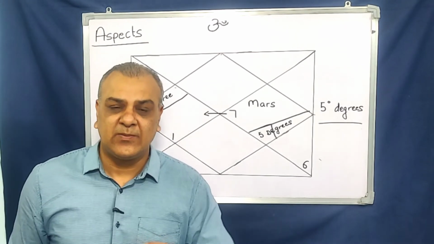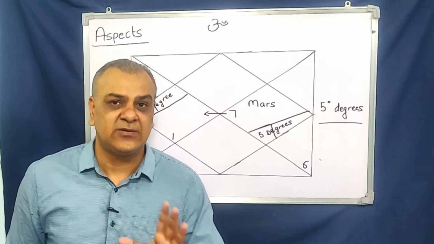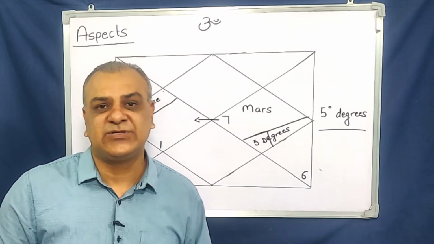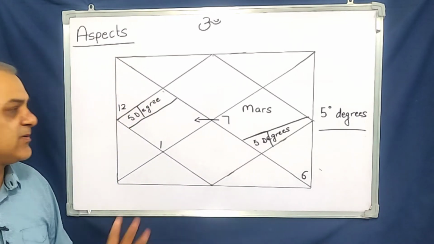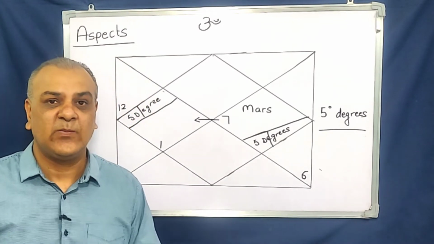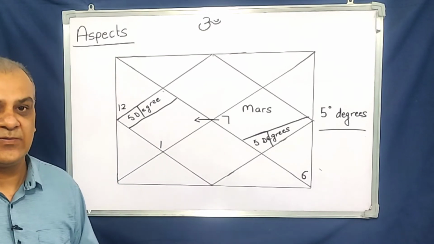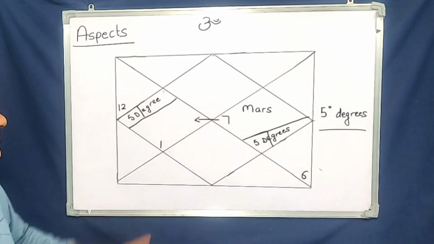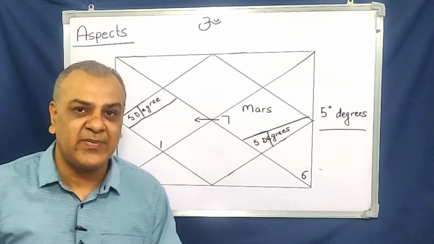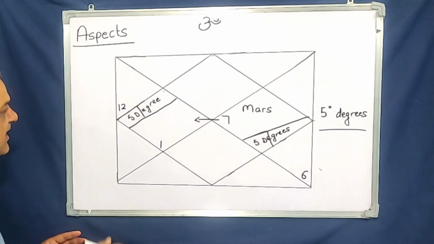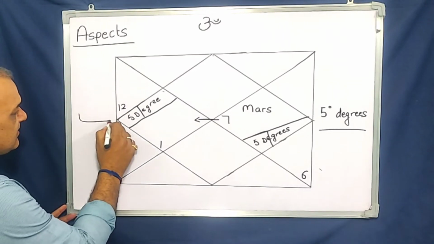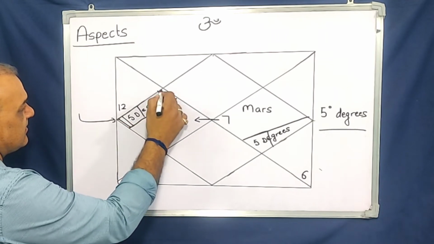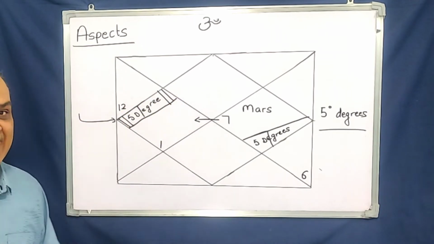This rule is applicable on Rashi chart only, not on Bhav Chalitam. Bhav Chalitam has some different rules which I will explain in coming videos, but today I am only explaining with the help of Rashi Kundali, like you can say birth chart. So now when Mars will aspect the fourth house, the major impact of Mars aspect will only come on this particular part of that sign.